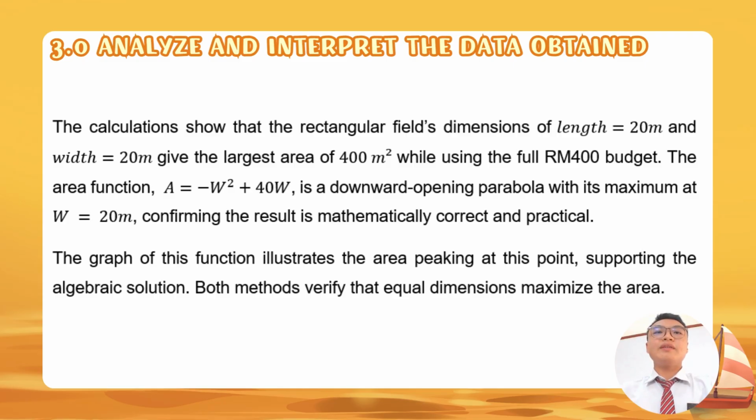The area function A equal to negative W squared plus 40W is a downward opening parabola with its maximum at W equal to 20 meters, confirming the result is mathematically correct and practical. The graph of this function illustrates the area peaking at this point, supporting the algebraic solution. Both methods verify that the equal dimensions maximize the area.